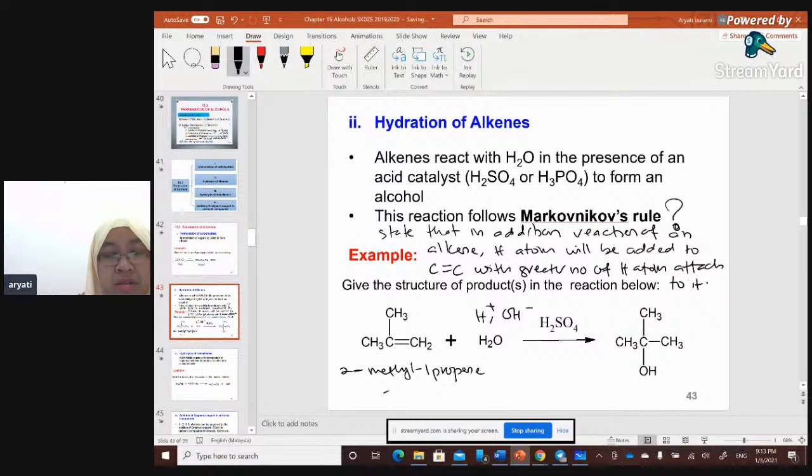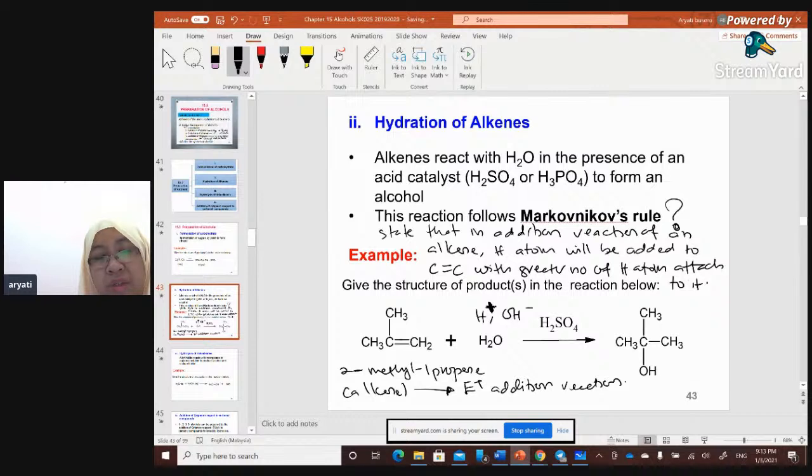The alkene will undergo an electrophilic addition reaction. So in electrophilic addition, the electrophile goes in first. Your electrophile is H plus, so H plus will go in first, and it is selective.